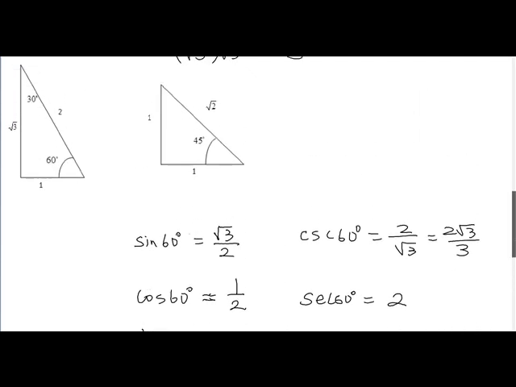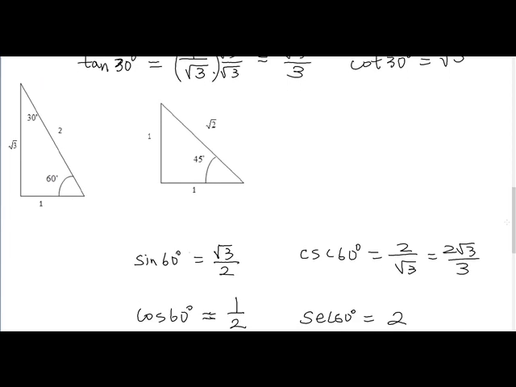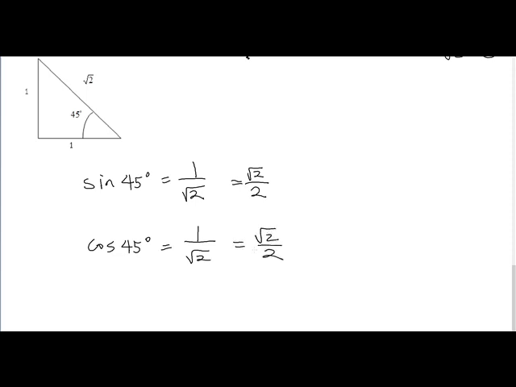And now, if I go on to this triangle, sine 45 degrees is opposite over hypotenuse, 1 over square root of 2. Rationalize it, and it's square root of 2 over 2. Cosine 45 is adjacent over hypotenuse, also square root of 2 over 2.